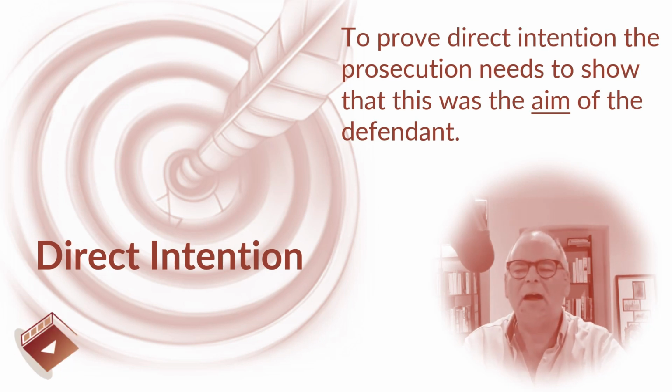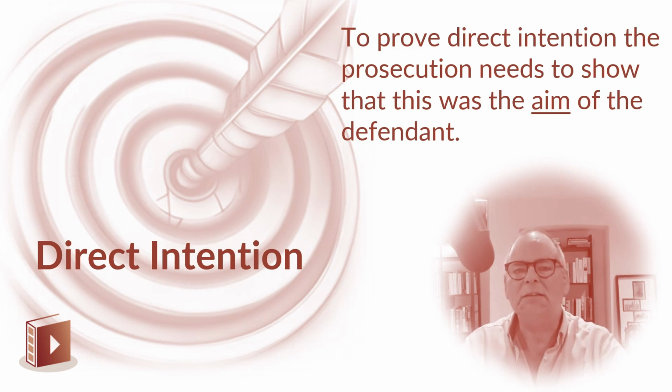In the mens rea hierarchy, direct intention comes top. And it's the mens rea for some of the most serious offences, but it's also the mens rea for some more minor offences like battery and assault. But to prove direct intention, the prosecution needs to show that this was the aim of the defendant, that they did something on purpose.